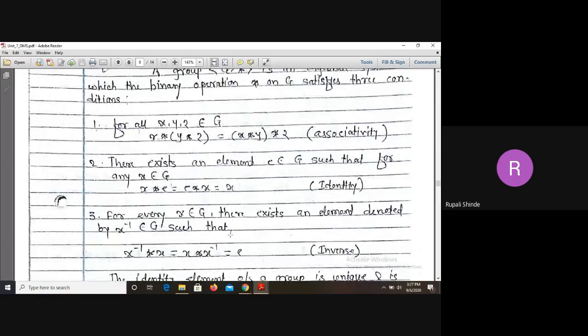And the last one, which is new for a group, is the inverse property.